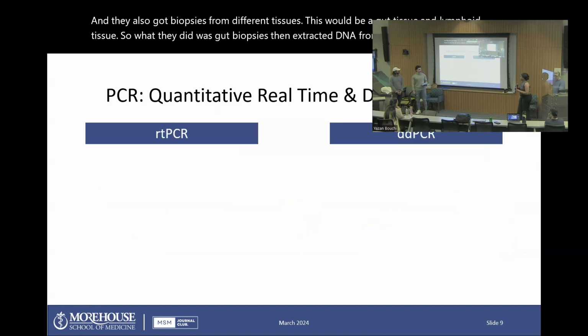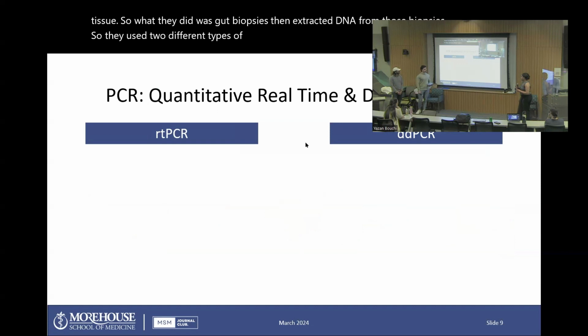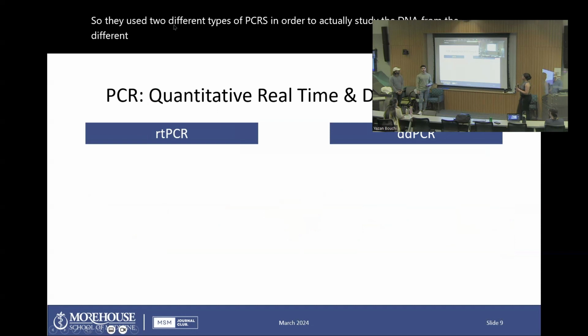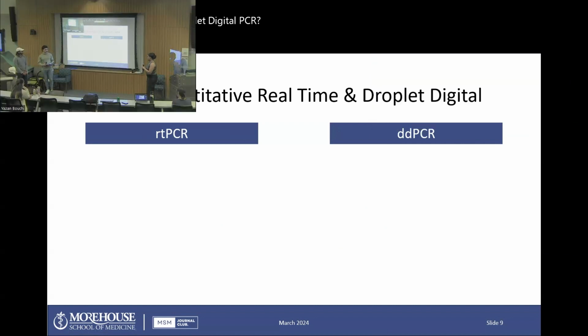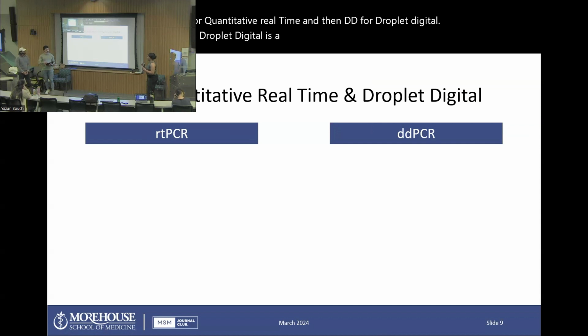They used two different types of PCR in order to study the DNA from the different tissues. They did both qPCR, quantitative real-time PCR, and droplet digital PCR, abbreviated ddPCR. From what I understand, droplet digital is a more specific test.